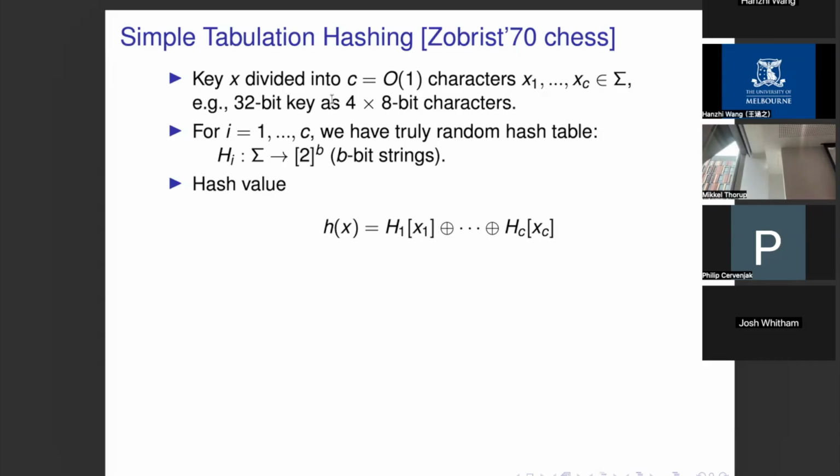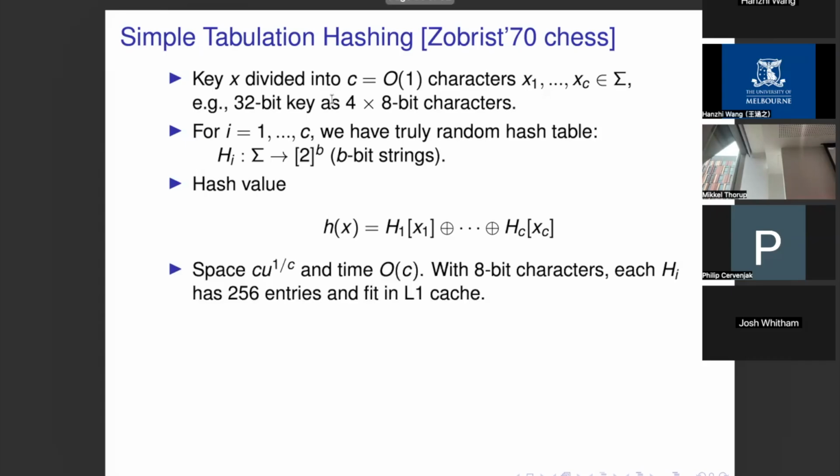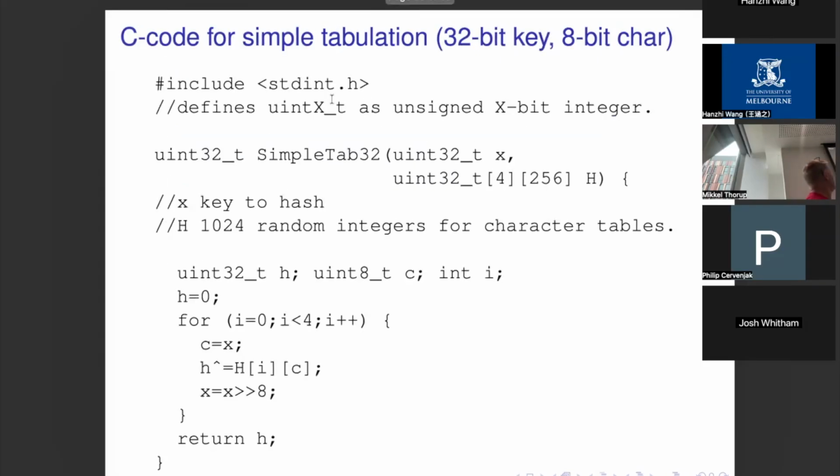And then I do XOR. That's just bitwise XOR. Computers love it, and any programming language that cares about efficiency supports it with delight, because it's the easiest circuit you can possibly make. And again, if you just use 8-bit characters, then things fit in cache, and it's easy to implement.